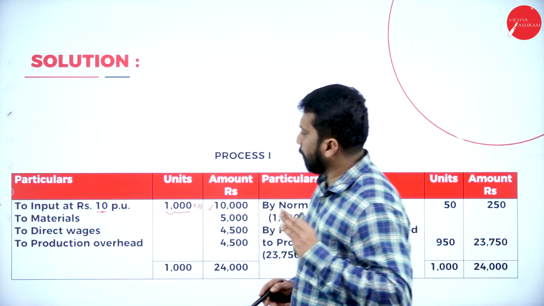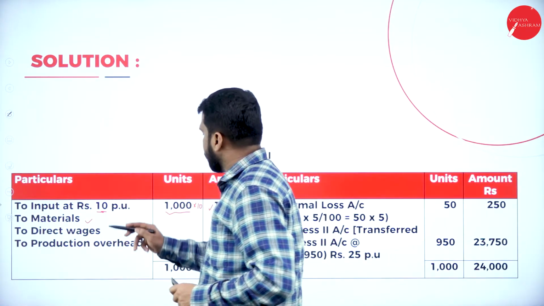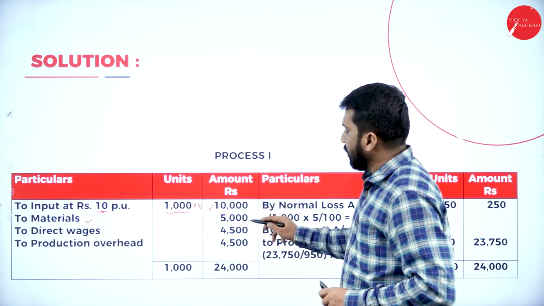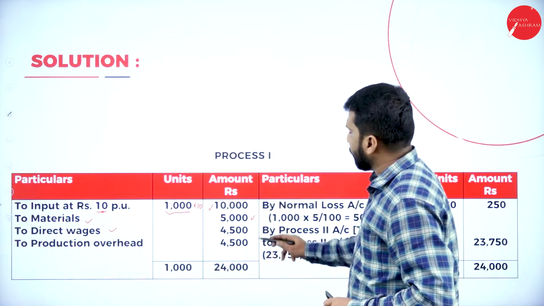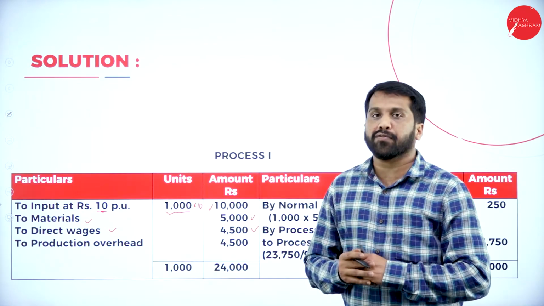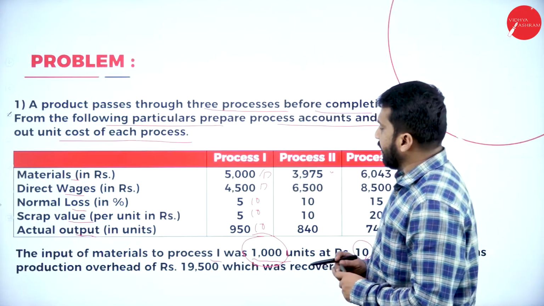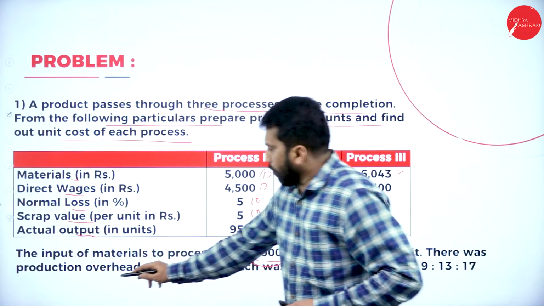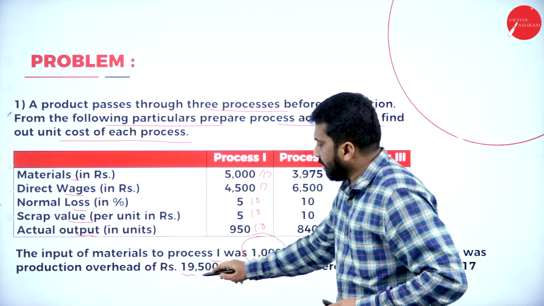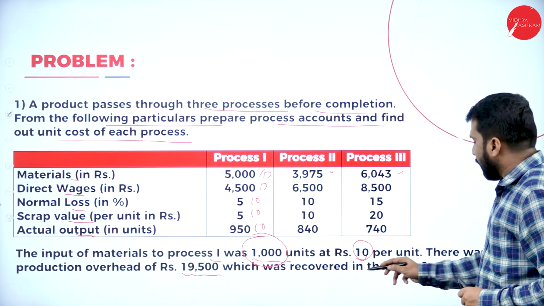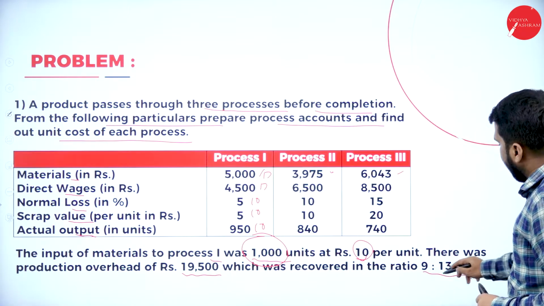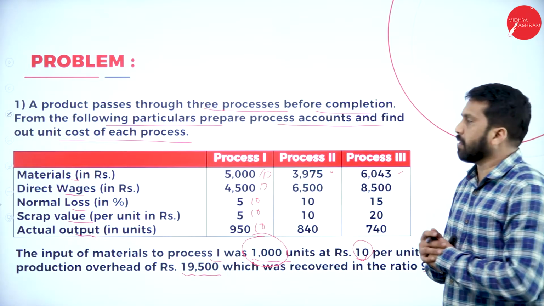No doubt. Now, what is the material? 5,000. Direct wages, what is the direct wages? 4,500. Now, at the end, production overhead 19,500, which was recovered in the ratio of 9:13:17.